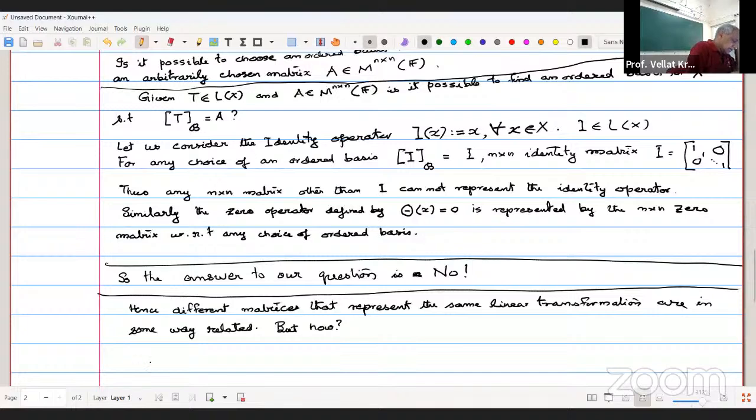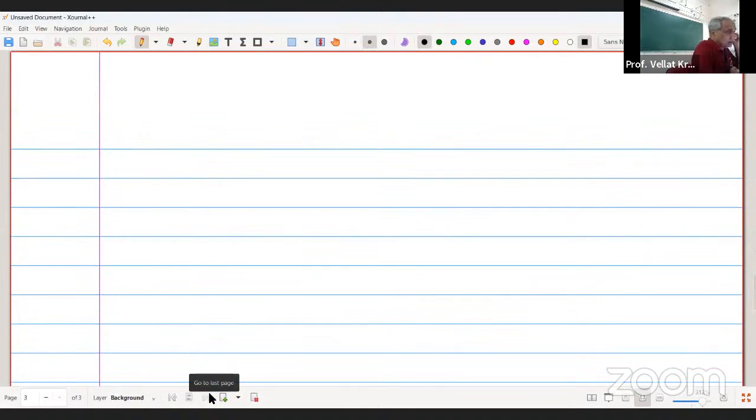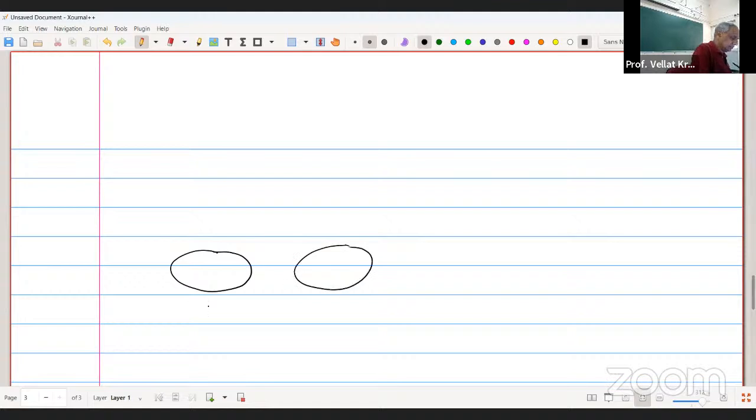So let us return to the old diagram. The diagram that we have is this. We have a vector X that belongs to that. Now you have a copy of Fn, a copy of Fn.